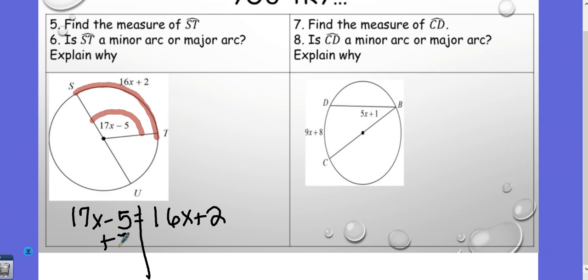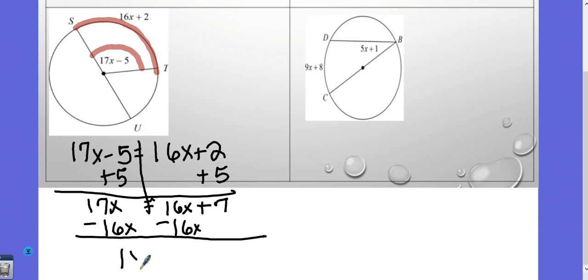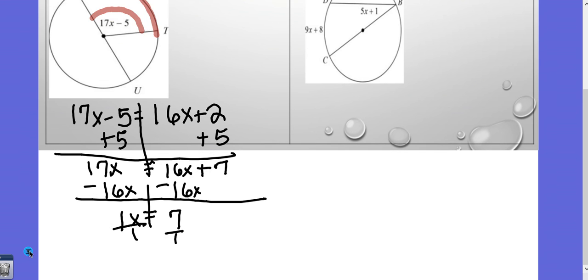So here we go and do our thing, and we get 17x equals 16x plus 7. Subtract 16x, subtract 16x. 1x equals 7, divide by 1, divide by 1.